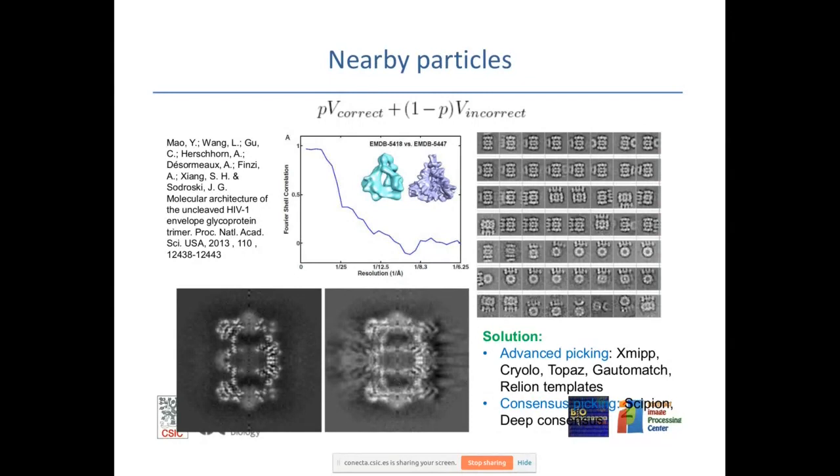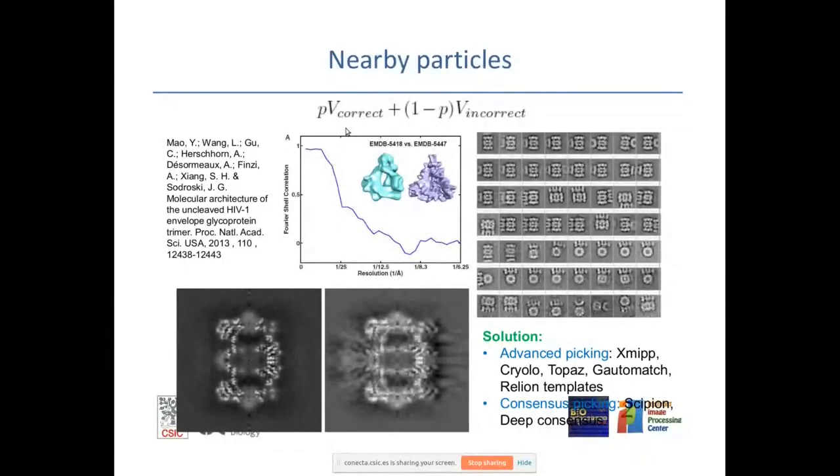And the same happens with particles that are contaminations, particles that are in the middle of the ice, or particles that are misaligned. If you are misaligning 10% of your particles, this 10% reconstructs something really, really weird. And the final reconstruction is not very much affected if 90% of the particles are correctly assigned.